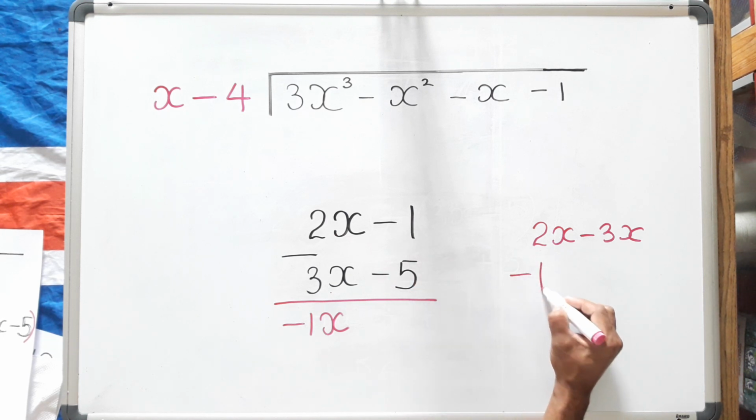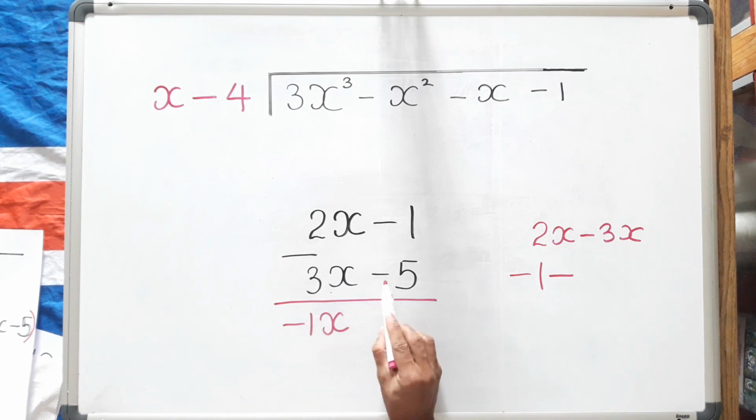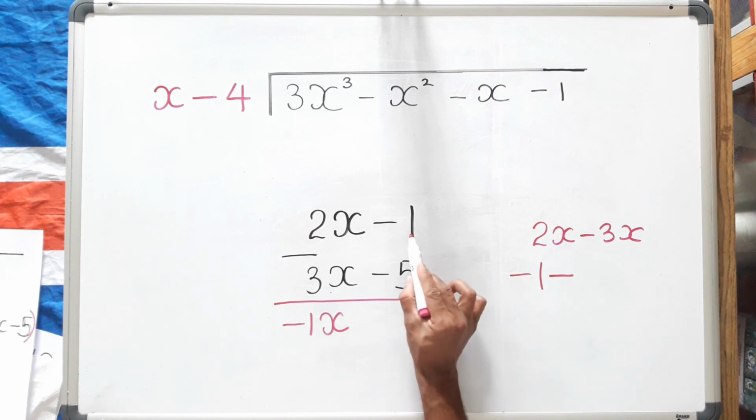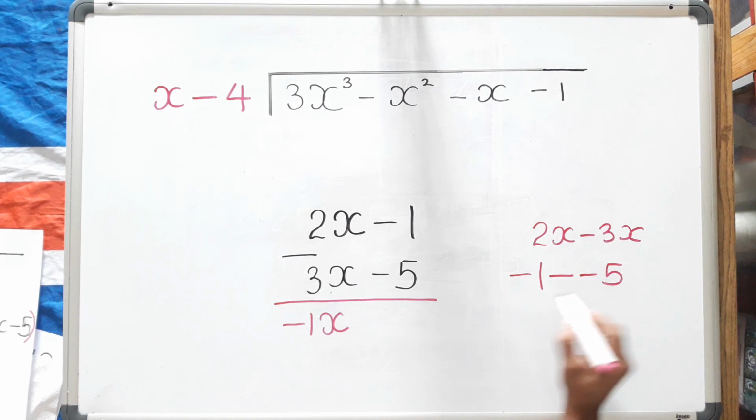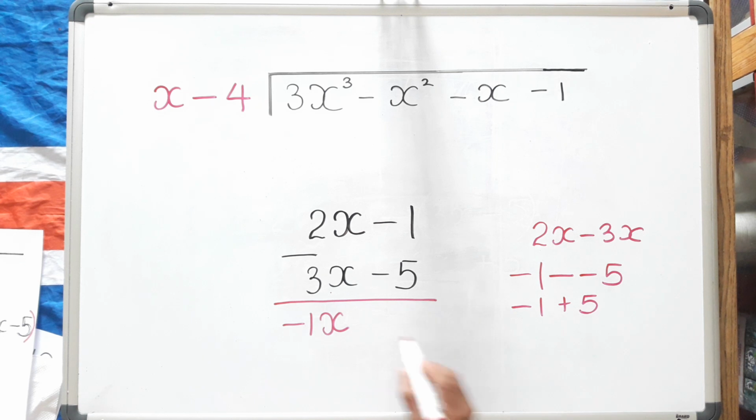Minus 1. We plan to minus, so write a minus sign. And what number do we have waiting there? Minus 5. So it's minus 1 minus minus 5. When two negatives come together, you get a positive. Minus 1 plus 5 is positive 4. All right? So don't make those mistakes when we're starting this question over here.